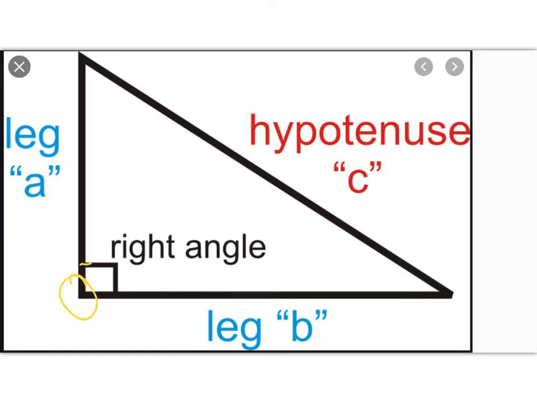And whenever you see this square, you're dealing with a right angle, which means it's 90 degrees. And the hypotenuse is always opposite the right angle. And the hypotenuse will be your longest leg on a right triangle. And we're dealing with right triangles. That means a triangle that has a 90-degree angle.